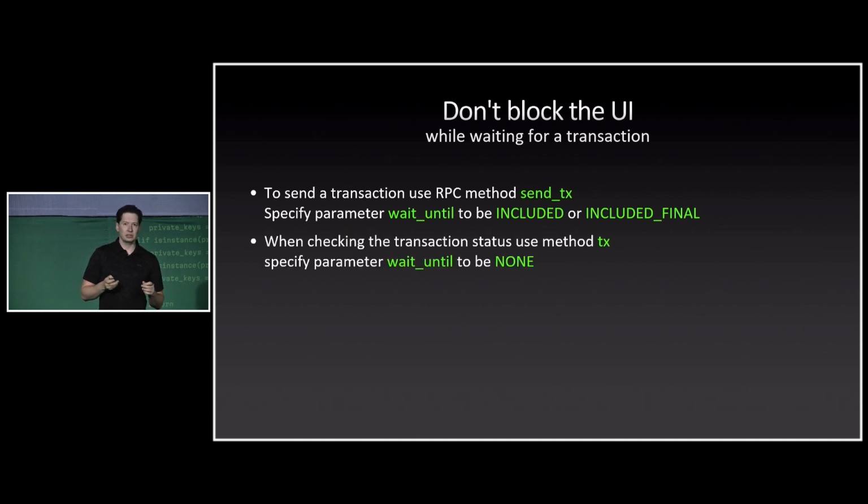The second piece: when you query the status of the transaction, you can also use wait until and specify none. That parameter will return you the current status immediately. It's not going to wait for anything. It will just say, okay, the transaction, for example, completed 5 receipts, but didn't complete entirely.